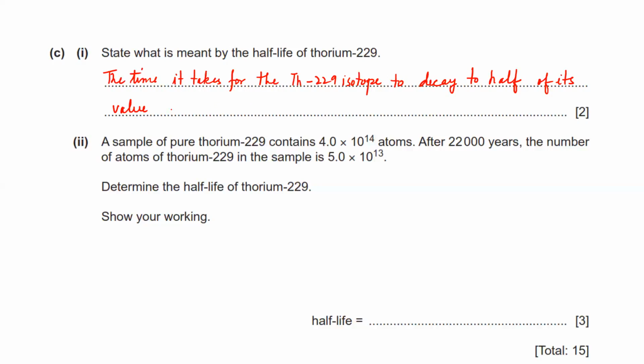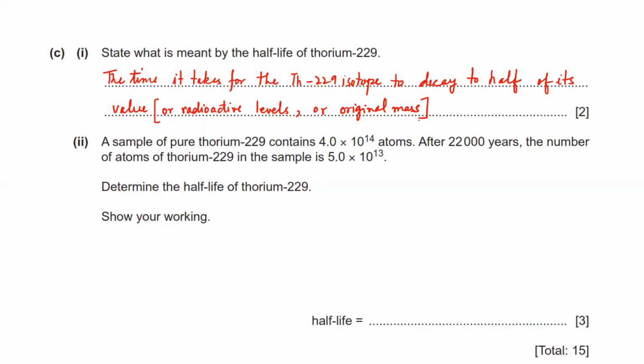You can also write half of its radioactive levels, or half of its original mass or value. So half-life of an isotope is the time to decay to half of its original value, or half of its original radioactive levels.